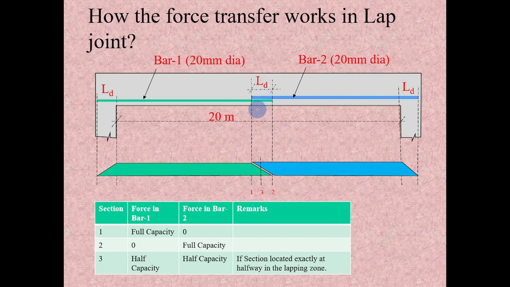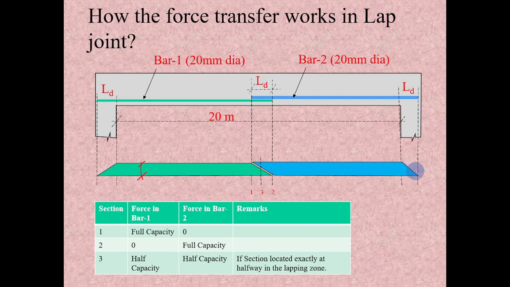In case of a lap joint, here there is no bending involved since it is a support. Here some anchorage should develop, so that the bond strength should be equal to our yield strength.